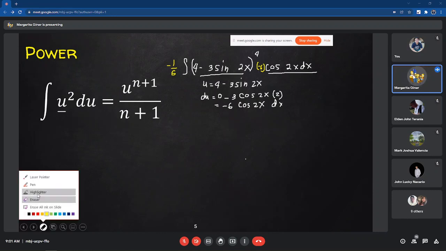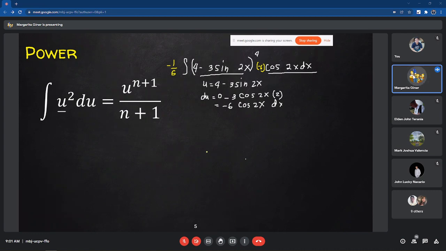So, all you have to do is just solve for the antiderivative. So, this will become negative 1 over 6. Okay, negative 1 over 6. And then, ano ganing nakabutang? U. Ang u natin is 4 minus 3 sine 2x. Okay? And then, ano gani?